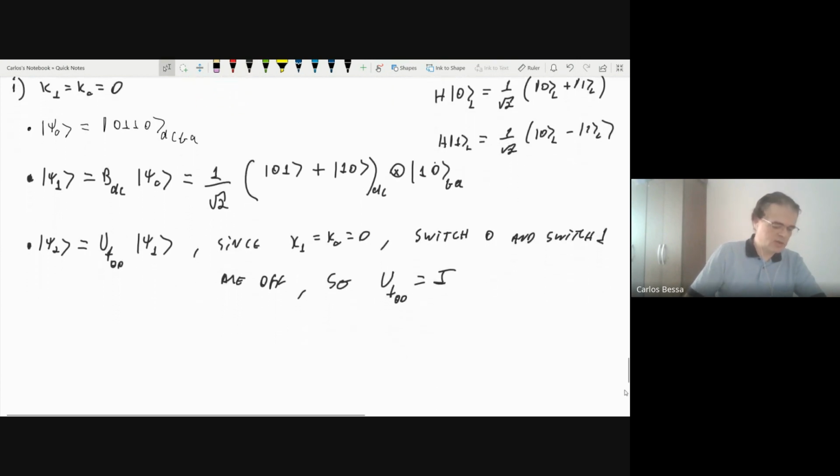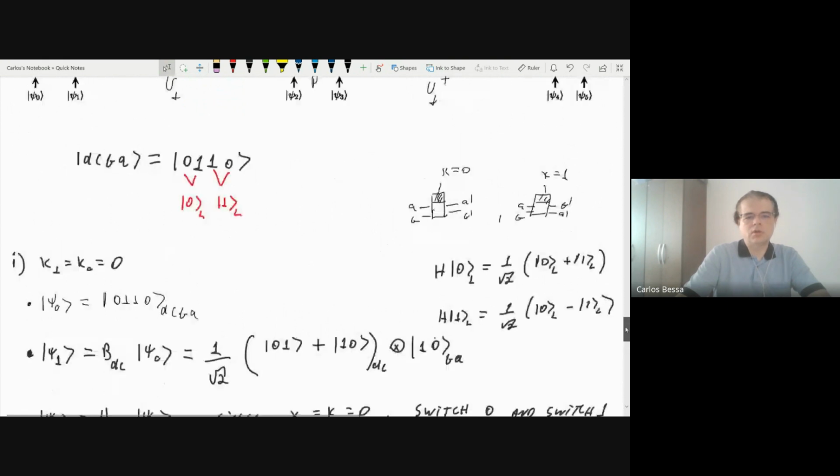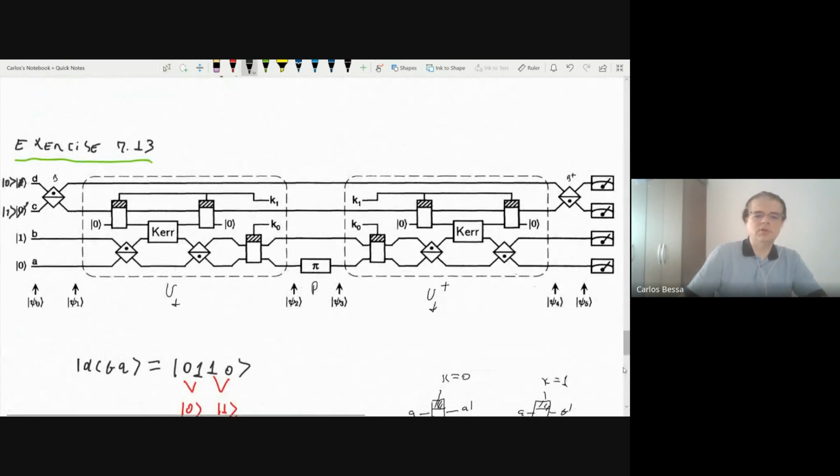Nothing will happen here. Psi 2 is the same as psi 1. And then he asks you to put a phase shifter P in the wire A applied to psi 2. Okay, let's see the figure. All these things are like the identity in the first case when the switches are off. And now I have psi 2.